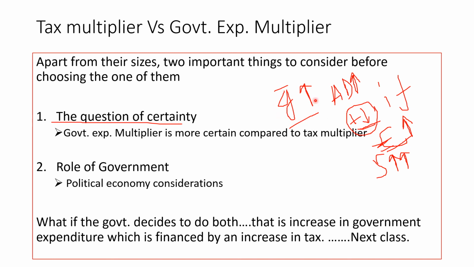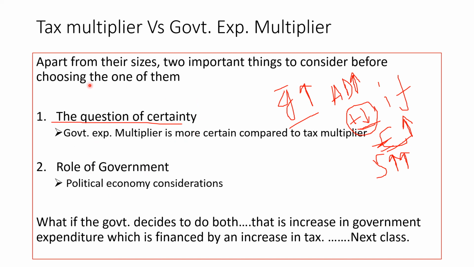Here we are talking about a government that is more and more involved in the economy. A tax cut is doing the opposite: the government is reducing or withdrawing from the economic activities. So there is a difference.